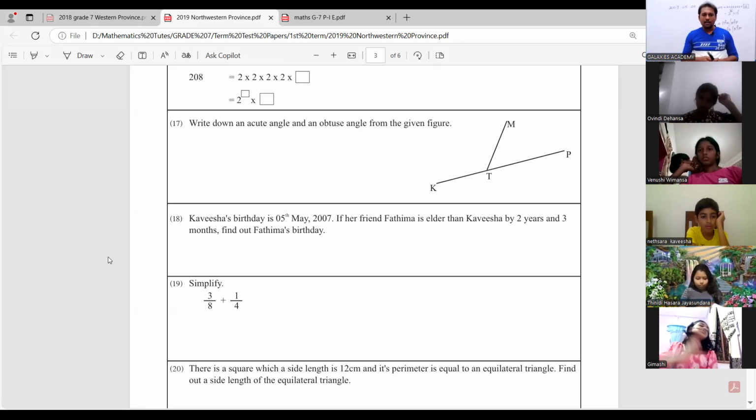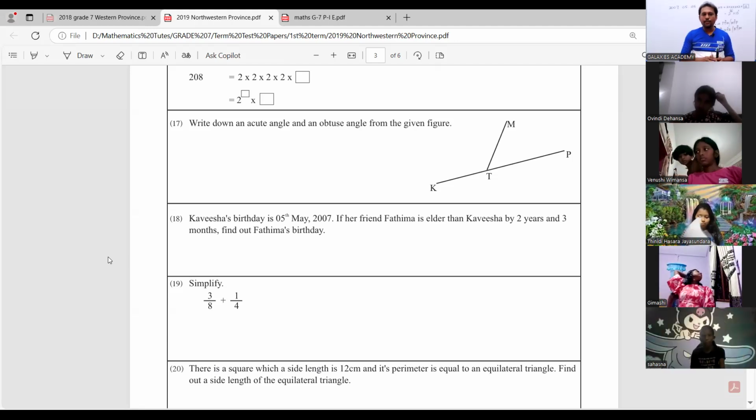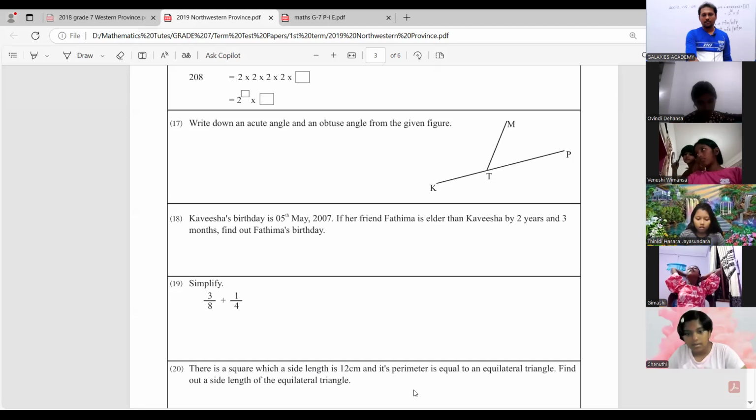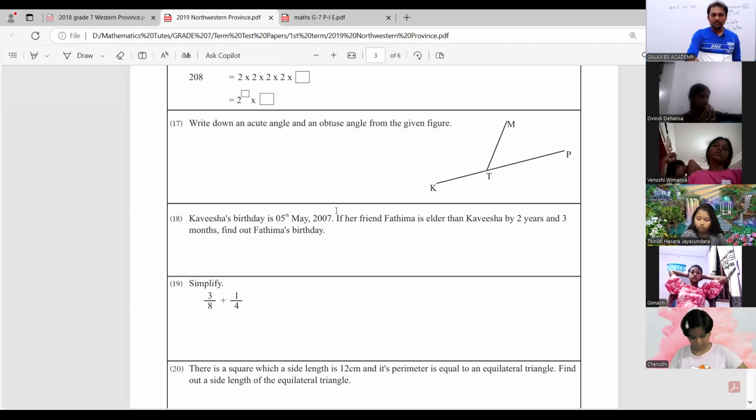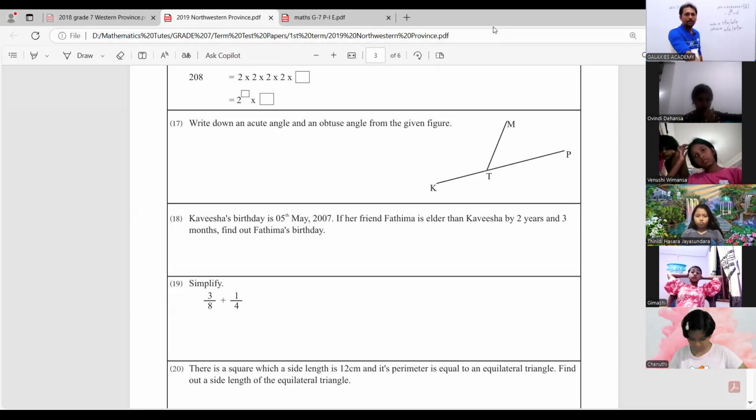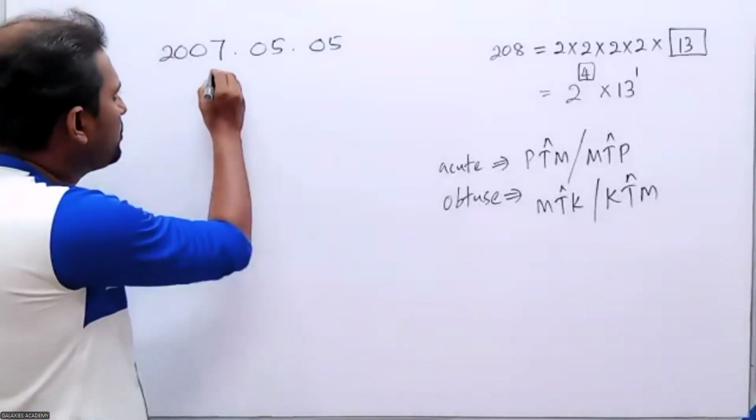Then Fatima is elder. Right. Can you tell me, Fatima's date of birth is after 2007 or before 2007? Before 2007, no? To be elder, she should be born earlier, right? So what you have to do is subtract this gap of 2 years and 3 months from this birthday.